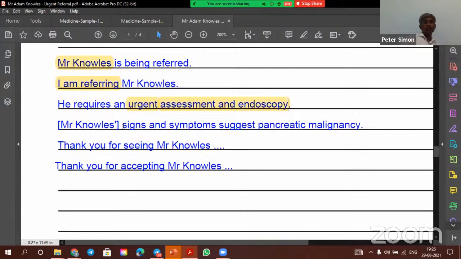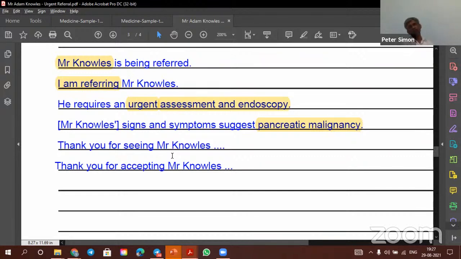And signs and symptoms suggest pancreatic malignancy, suggest possibility. Okay. Thank you for seeing. Thank you for accepting. These are the different types of forms you can write. And based on this one, you can go. So, urgent investigation. Okay.